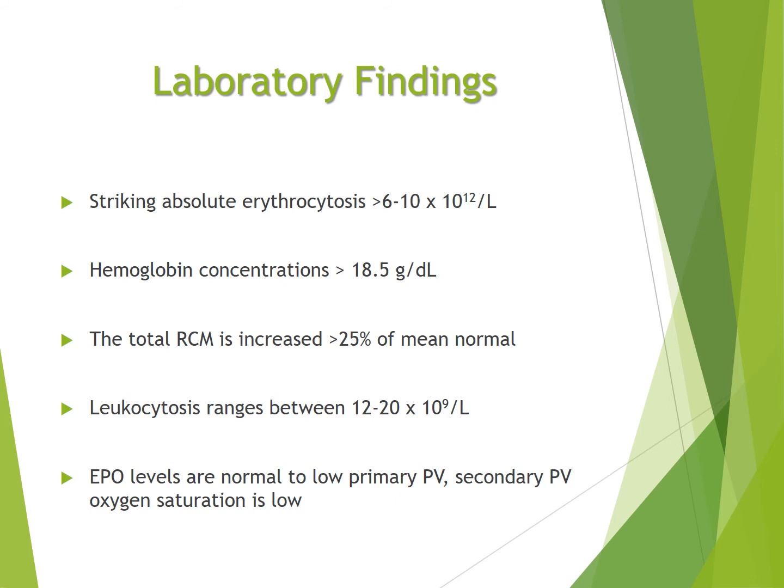The minor criteria include a bone marrow biopsy specimen showing hypercellularity with trilineage growth with prominent erythroid, granulocyte, and megakaryocyte proliferation. The serum EPO level must be below the reference range or normal, and there must be endogenous erythroid colony formation in vitro.